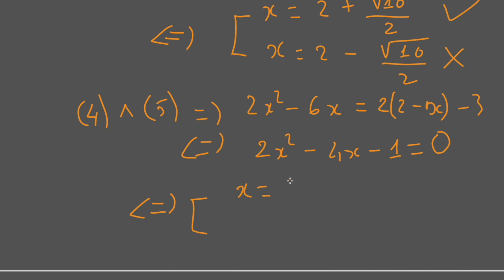The first is x equal to (1 plus square root of 6) over 2, and the second is (1 minus square root of 6) over 2.